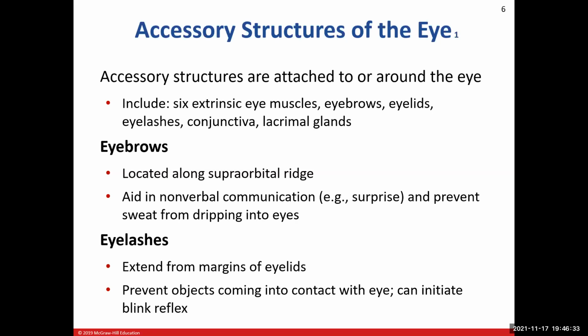And a big purpose for the eyebrows is to prevent sweat from dripping into your eyes, but also we'll use the eyebrows to help with some of our ways of communicating with one another without even talking. I mean, one of the more famous facial expressions that we've seen is the people's eyebrow, where Dwayne "The Rock" Johnson, when he used to be a WWF wrestler, would raise the one eyebrow.